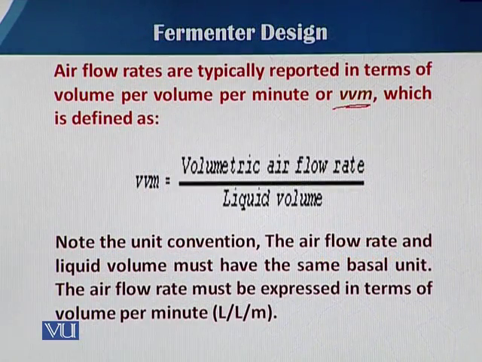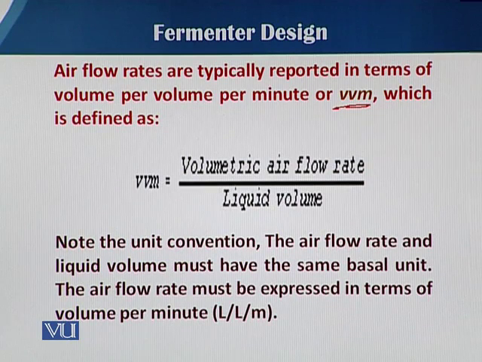The air flow rate is typically reported in terms of volume per volume per minute, meaning VVM. The first V is the volume of the air supplied, and the second V is the volume of the fermentation medium, and M is the time in minutes.